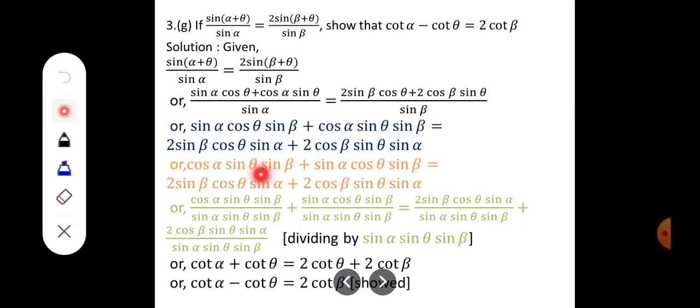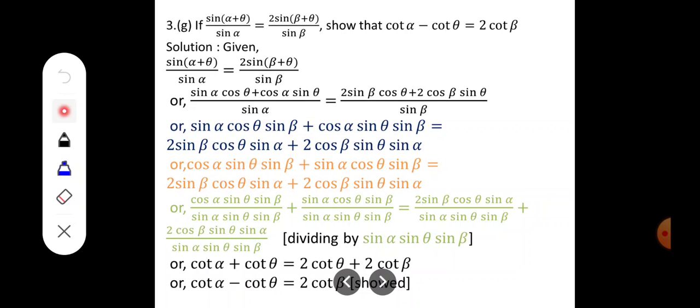We get this line. Here look, here is cot alpha, and cot alpha equals cos alpha divided by sin alpha. So cos alpha we will take this term as the first term.